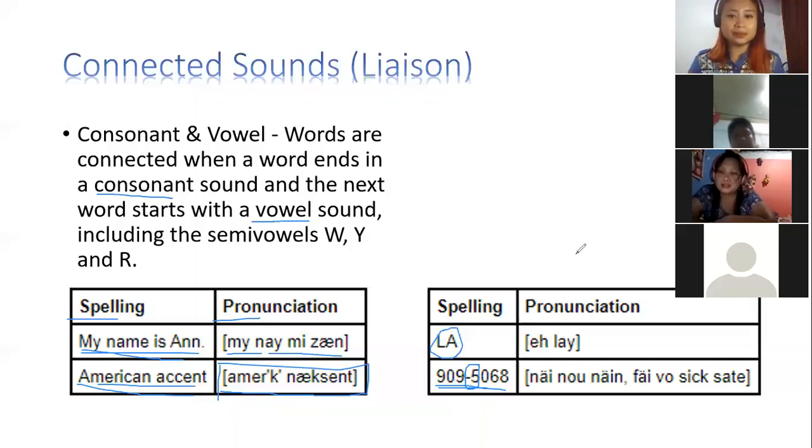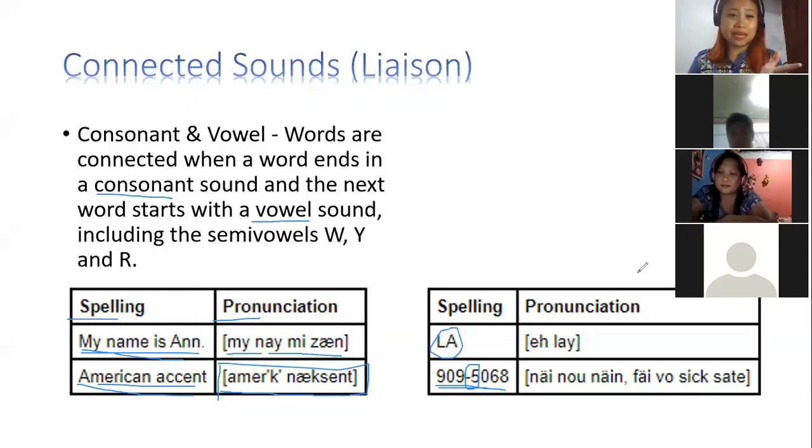Can you try, Sheena? 909-5068. We don't say 6, 8, so we combine 6 and 8: 68. The 8 sounds like "ate" because it's combined with the S.